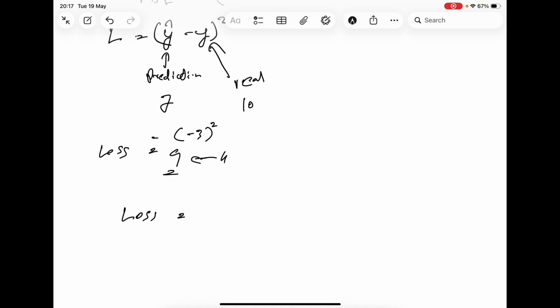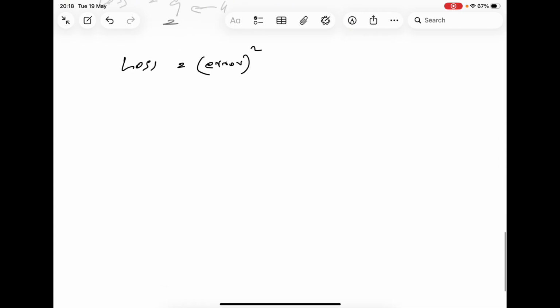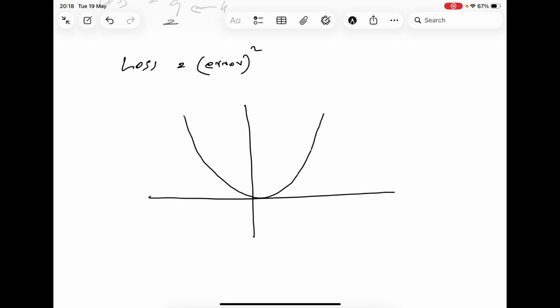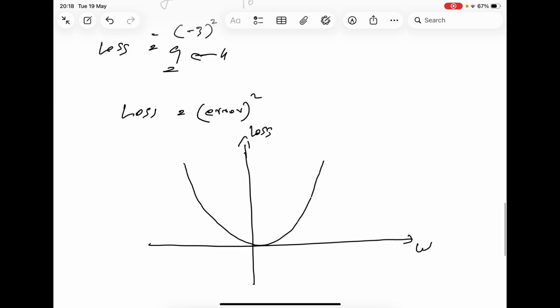If we take the loss function, it means the squared error, and if we plot a graph, it looks something like this, with loss on the y-axis and the weight on the x-axis.